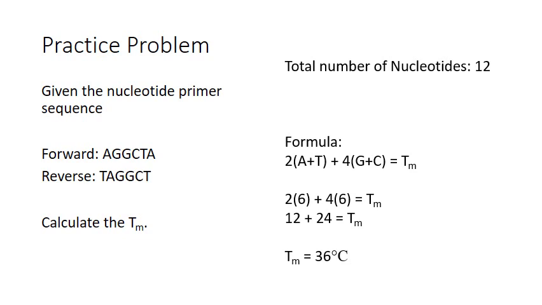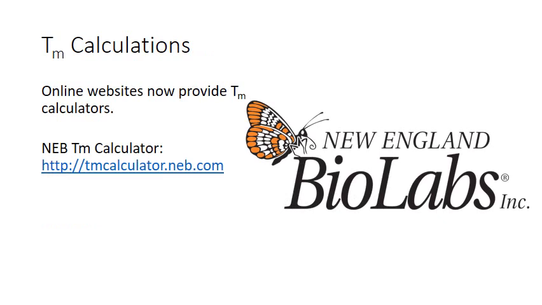Now, if you have a 30 base primer sequence, and you have 2 30 base primer sequences, and you don't want to go through the work of doing the math, they have this website, which is conveniently located both on the PowerPoint and in the study sources section of your sources information, and that is this NEB TM calculator.